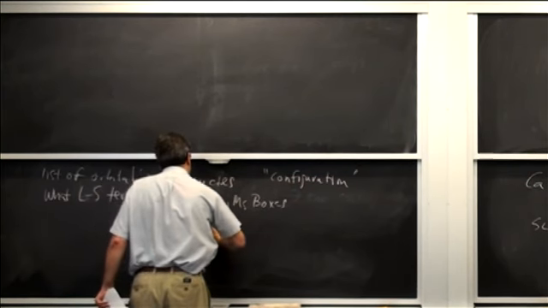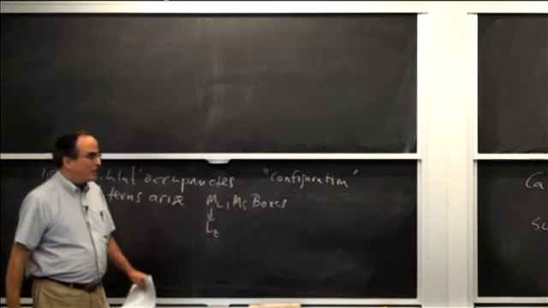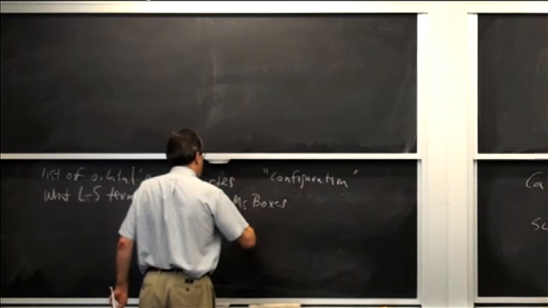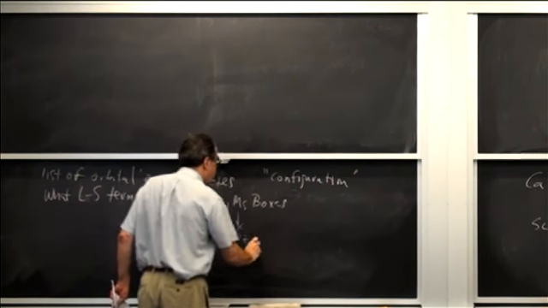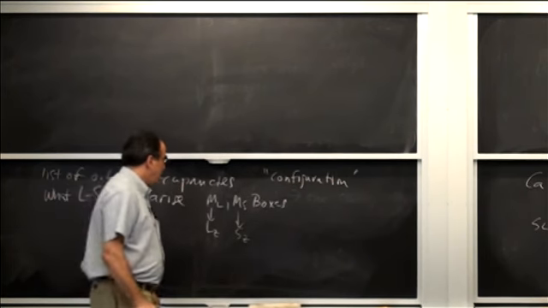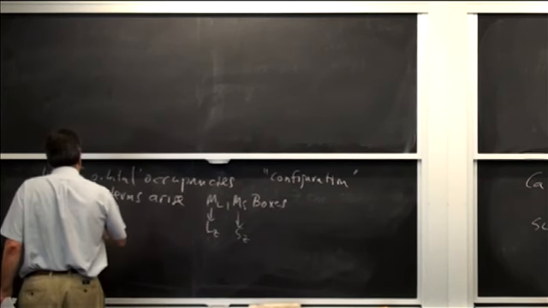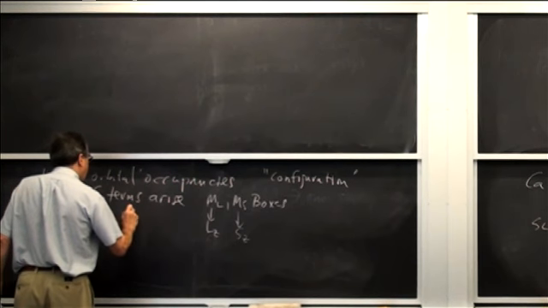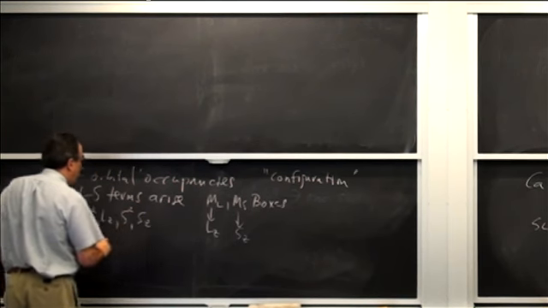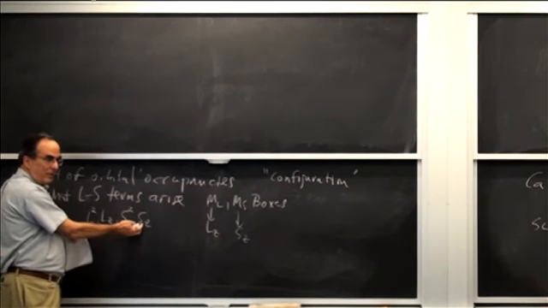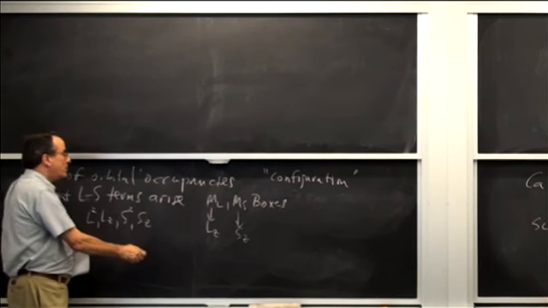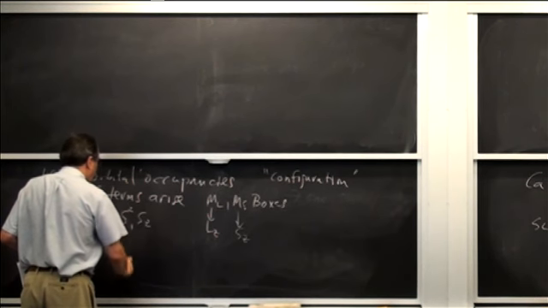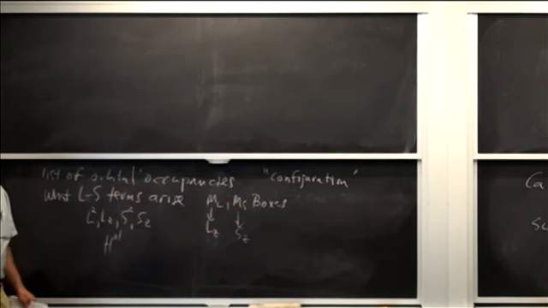ML is the eigenvalue associated with the operator Lz, and Ms is the eigenvalue associated with the operator Sz. And L squared, Lz, S squared, Sz are a mutually commuting set of operators, which also commute with the electronic Hamiltonian, but not the spin-orbit Hamiltonian.